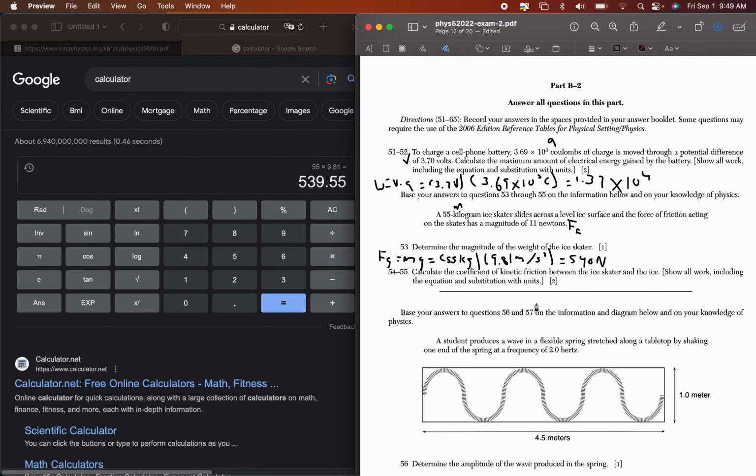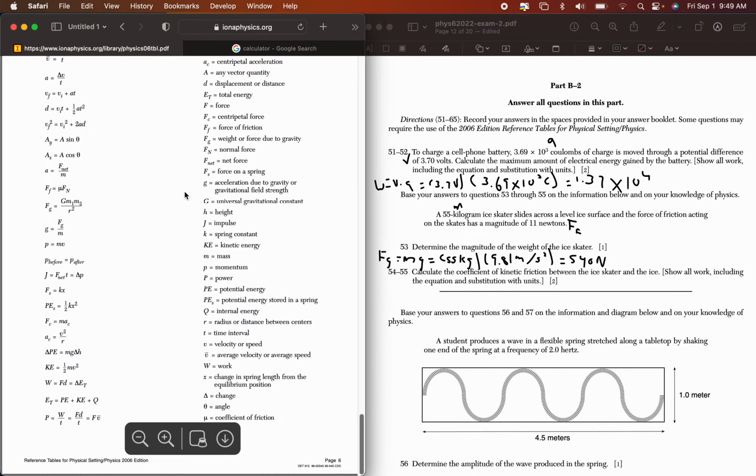Okay. Calculate the coefficient of kinetic friction between. Okay, got it. So we have this formula: frictional force equals mu times the normal force, where mu is the coefficient of friction. In this case, it's kinetic since it's moving. He's sliding.